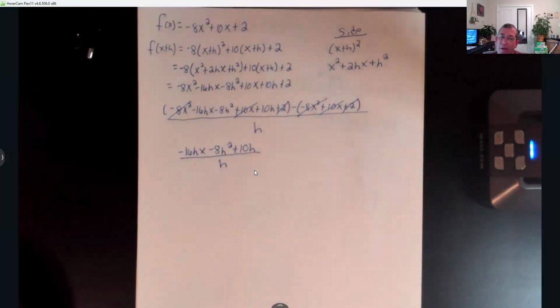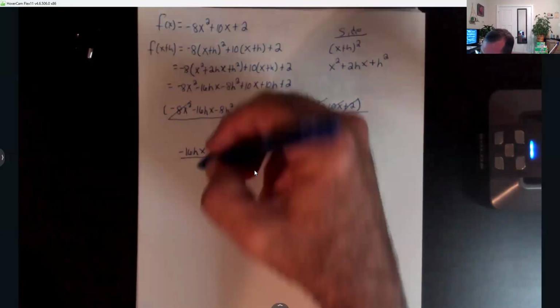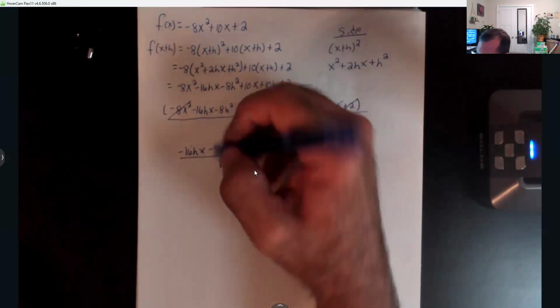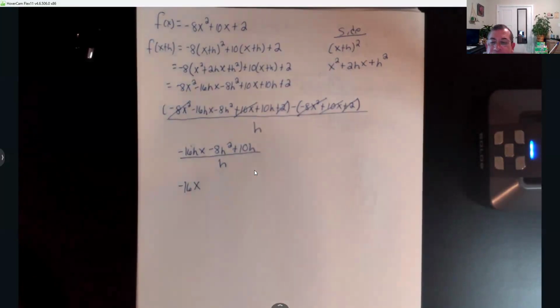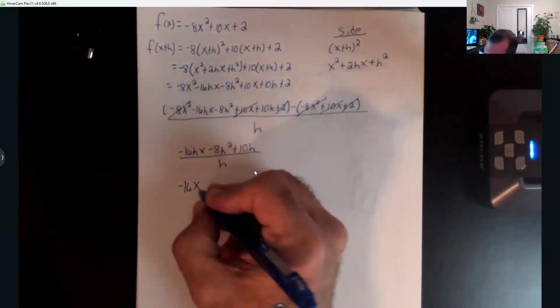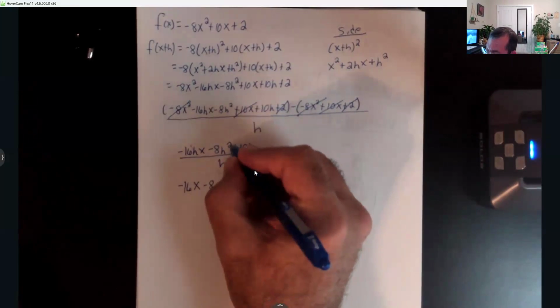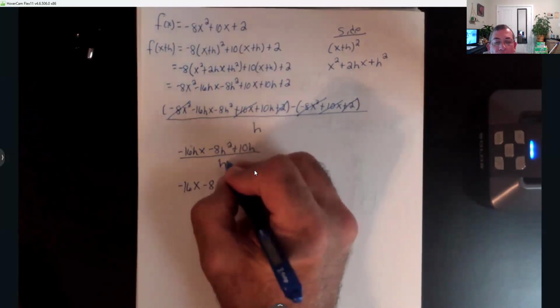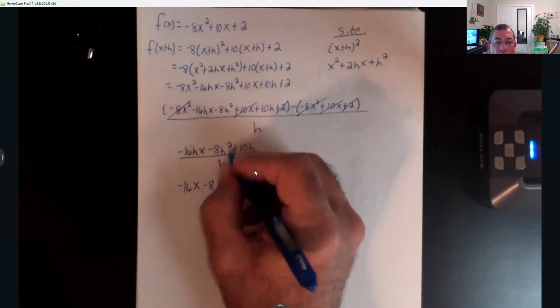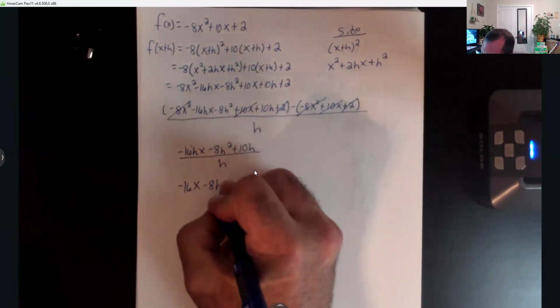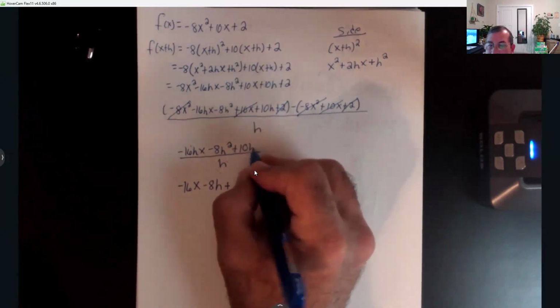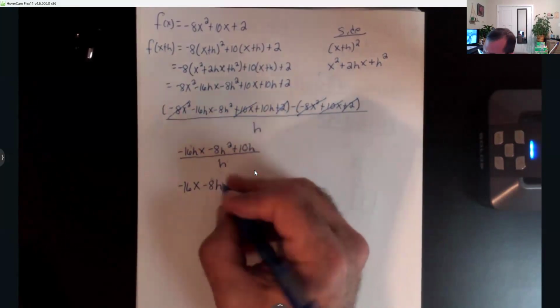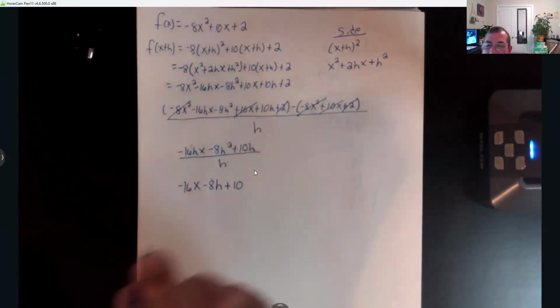So remember, everything on top has to have an h, because now you cancel that one h out, you got negative 16x minus 8. You had two h's here, one h here, so one h cancels, leaving an h. And then on the 10, it had an h. That h cancels, leaving me a 10.